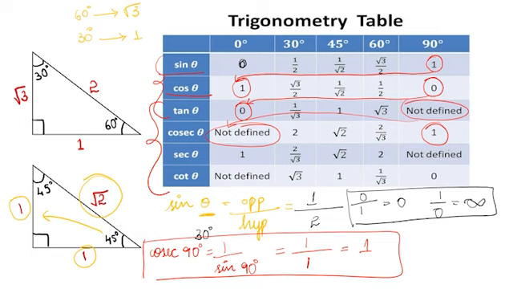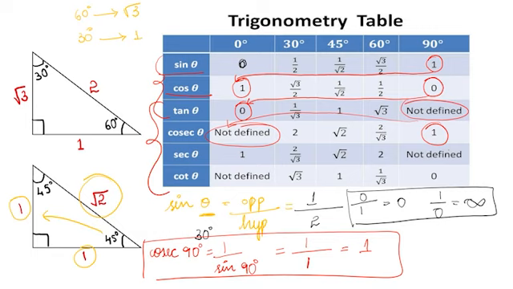If you don't know tan also, you know tan theta is equal to sine theta by cos theta, right? Just substitute it and tell. In the starting stage you will take some time to remember, maybe 1 or 3 or 5 or 6 seconds. But if you practice, you can tell it within a fraction of a second.